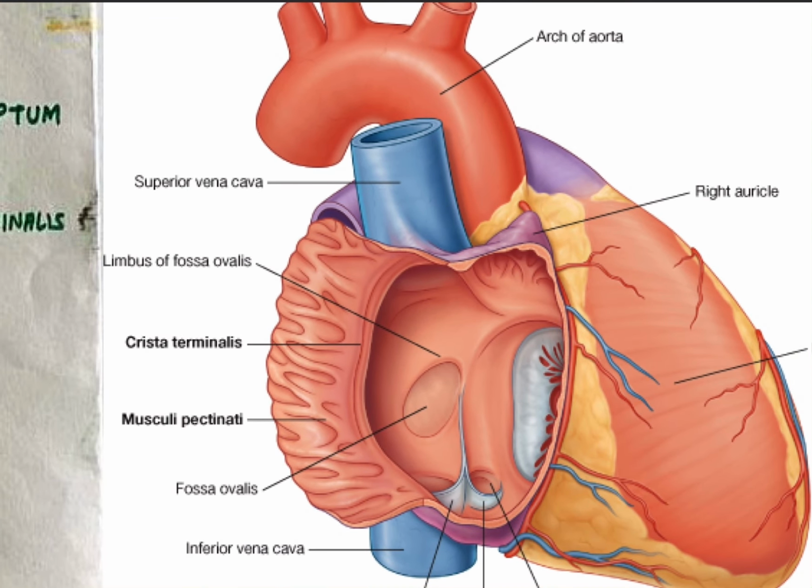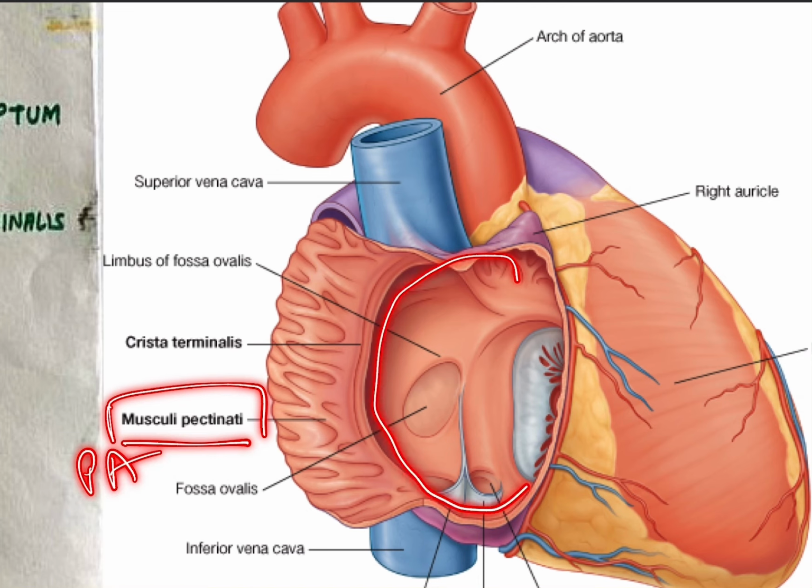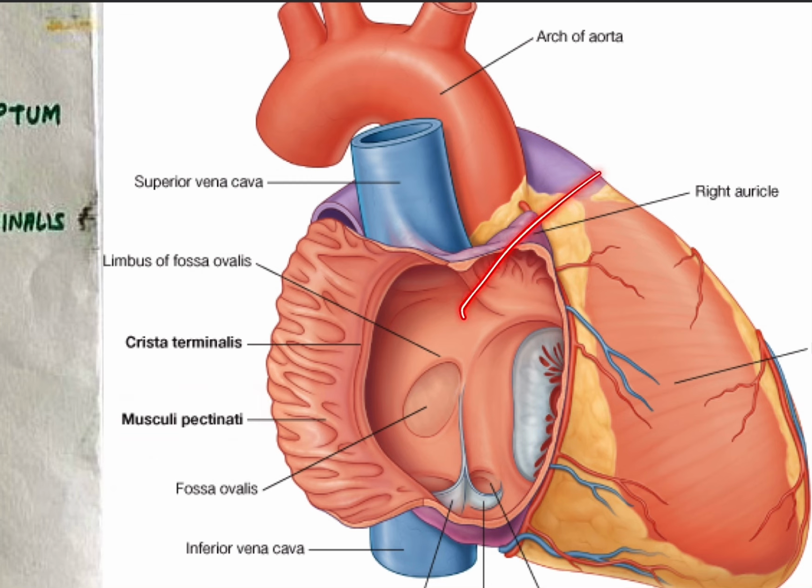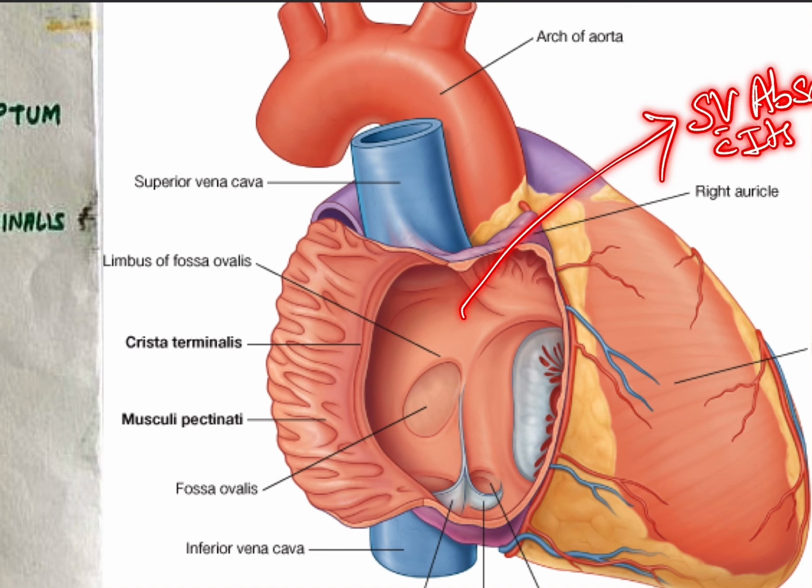This is the rough part of the right atrium, which is formed through the primitive atrium, and this is the smooth part of the right atrium, which is because of sinus venosus absorption with its horn.